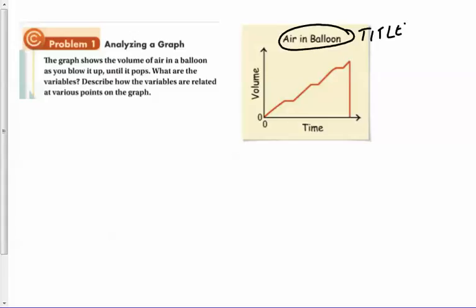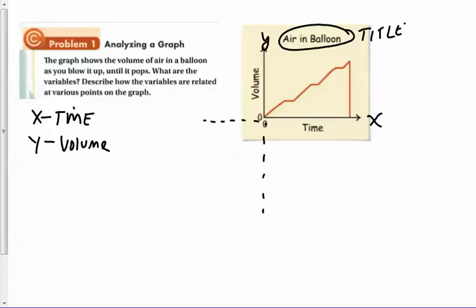When you think about it, if you extended this out this way and that way, this is a lot like the x, and this is a lot like the y. So when it asks what are the variables, the variable for x is time, and for y, the other variable is volume.